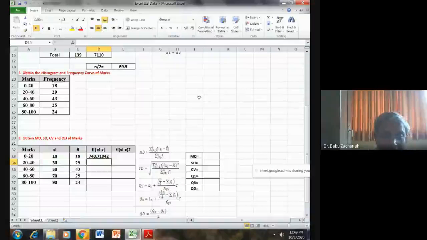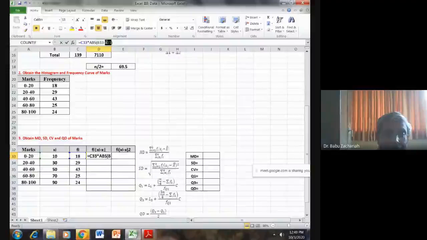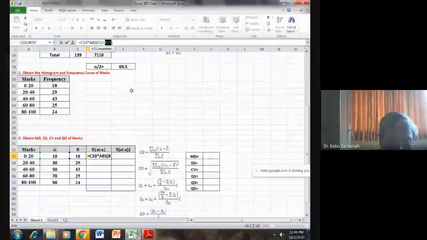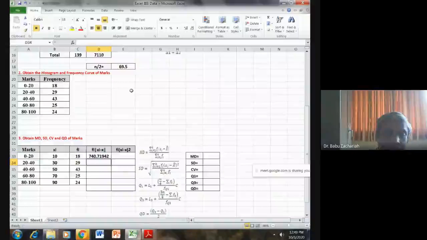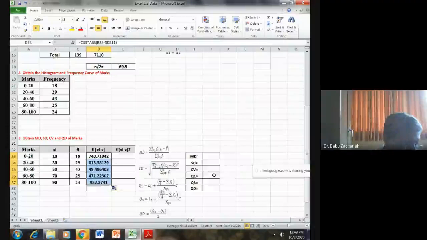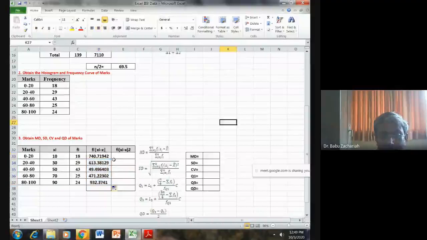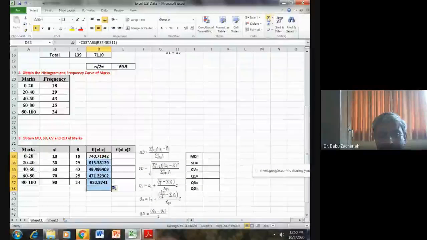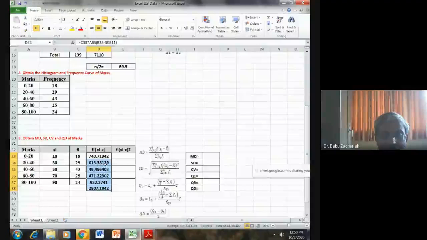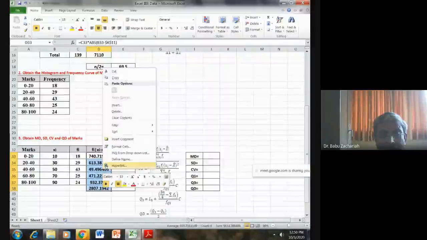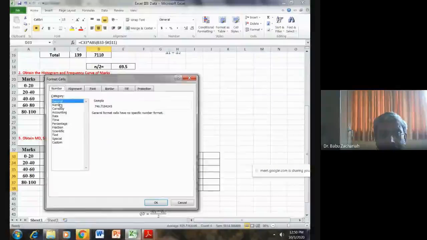Enter. And that x bar, you have to make absolute. Now copy it down and take the sum of that. Format cells, number.